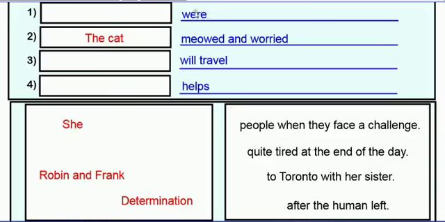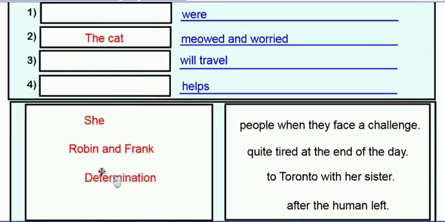Now, this verb were, that is the past tense of the verb to be, and it has to go with a plural subject, right? So far we just have a sentence about the cat. We're going to make 3 other sentences that are going to be about someone or something else, right? And for a plural subject, we need to have more than one person or more than one thing.